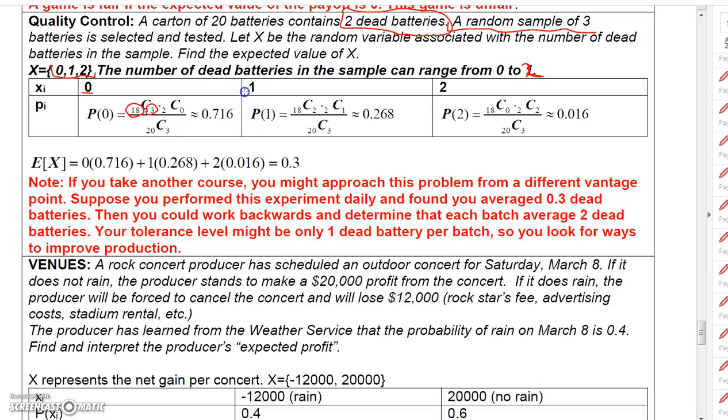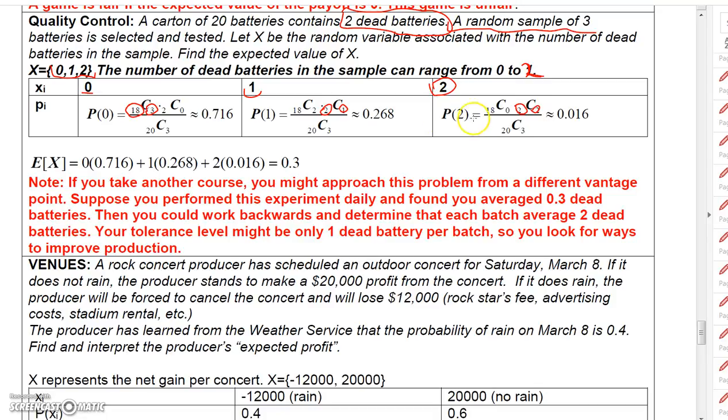For the probability of 1 dead battery, out of the 2 dead batteries I'm choosing 1, and out of the 18 good batteries I'd have to choose 2. To get 2 dead batteries, out of the 18 good batteries I would choose none, and out of the 2 dead batteries I would choose 2.